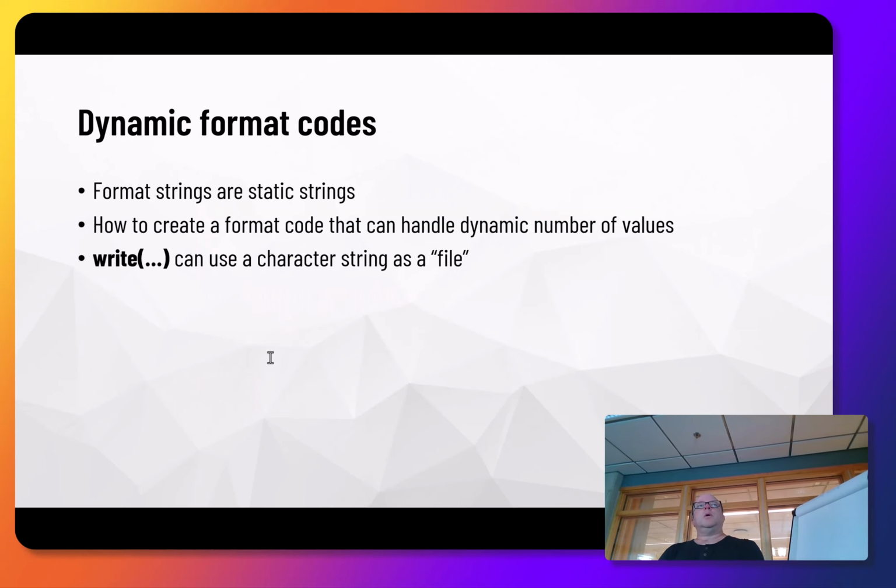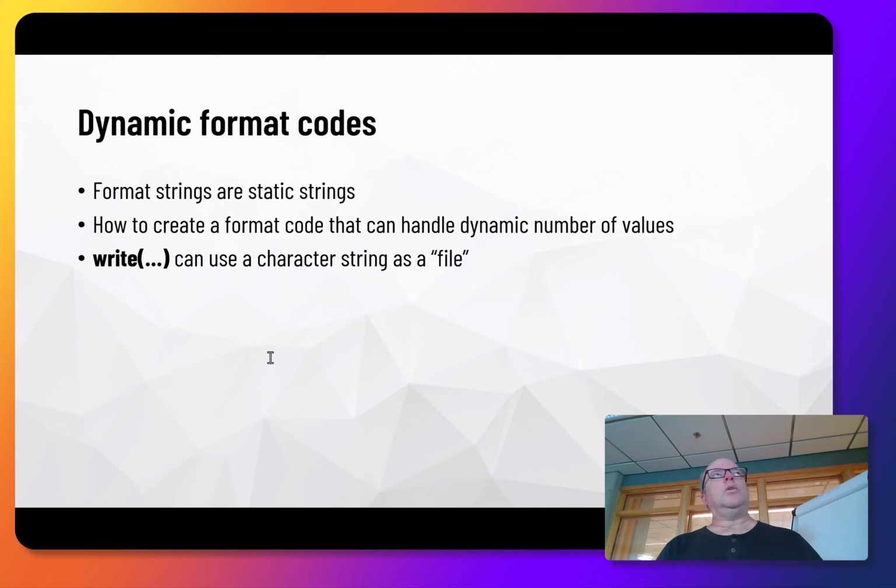But sometimes, because you have to put the formatting code in a string, for example if you write an array printing routine and you want it to be able to handle arrays of different sizes, you need to put the number 10 in if you have 10 columns. And you can't put variables in the formatting strings, so you need to figure out a way that you can create this dynamically.